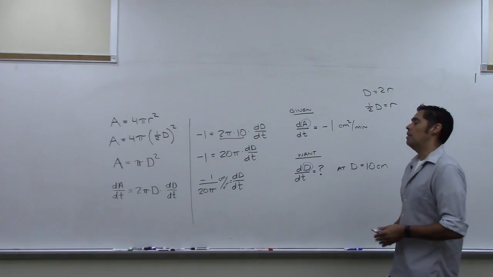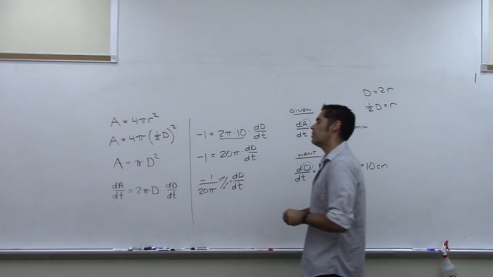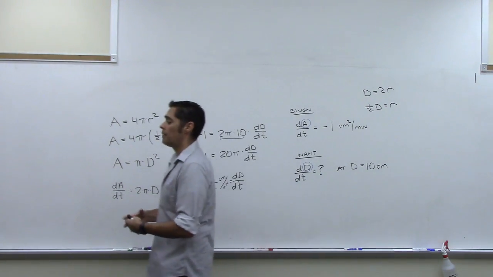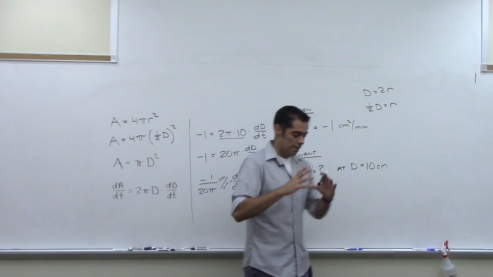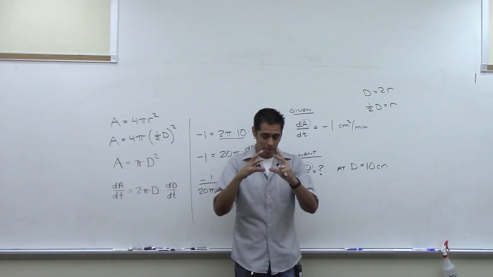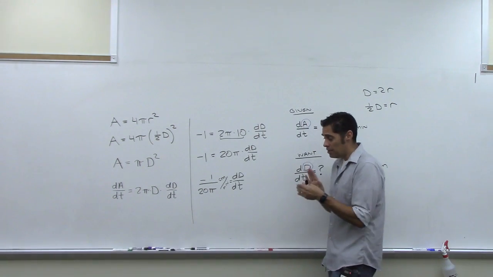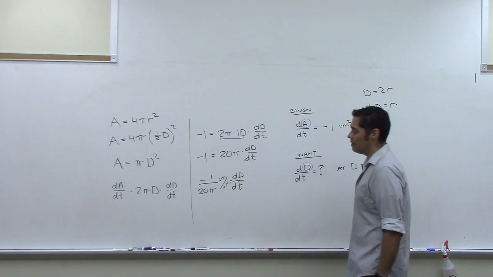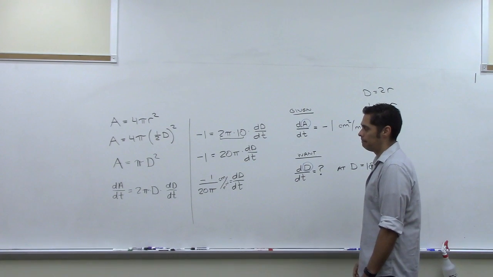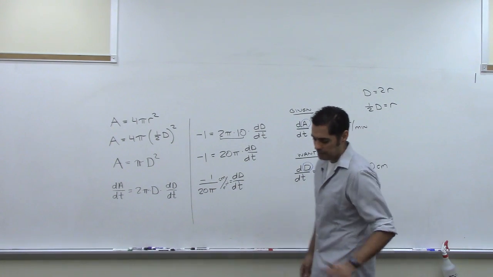So as this snowball melts, the surface area is decreasing at -1 centimeter squared per minute. At the moment the snowball is 10 centimeters in diameter, the diameter is actually shrinking at a rate of -1/(20 pi) centimeters per minute. Awesome.